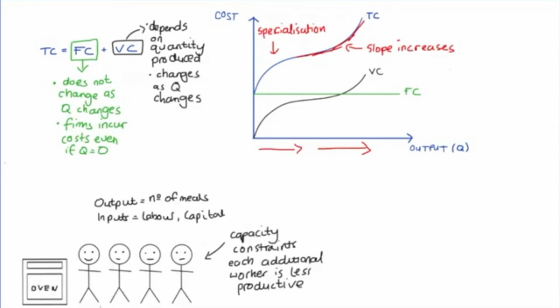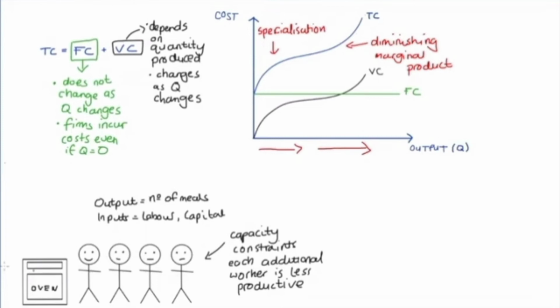Okay, let us look at an example. Let's say you are producing bread, and we say in the short run capital is fixed, so you only have one oven. In the short run you can only hire more labor, and the more labor you hire, the more there will be a constraint on that capital.